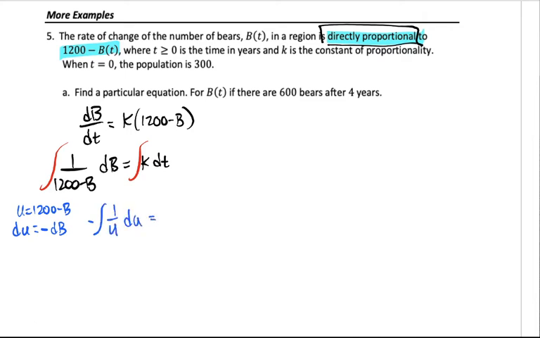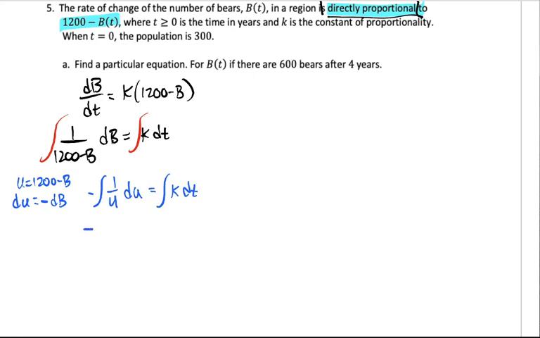Okay, and that will equal our integral of k dt. So when I have this negative, you can move it to the other side, which we talked about, kind of leaving the negative always attached to the other side, not this side. But here's another way that we can handle it. The negative will just stay in front. So we'll end up with a negative ln of the absolute value of u equals our kt plus C.